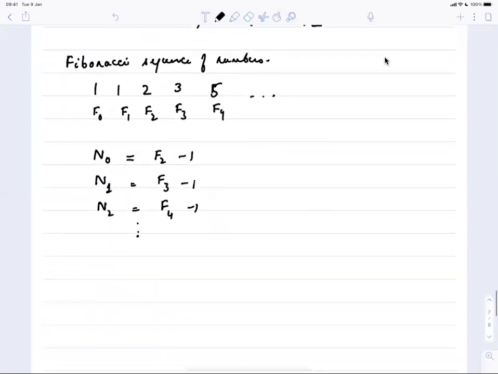So in general, we can write the number of nodes in an AVL tree of height h as F(h+2) minus 1 for h greater than or equal to 0.